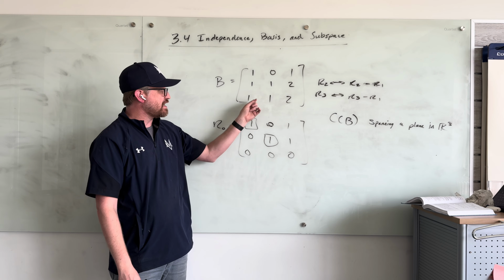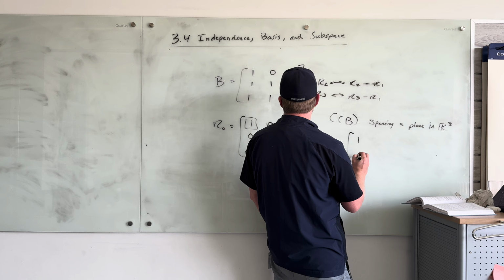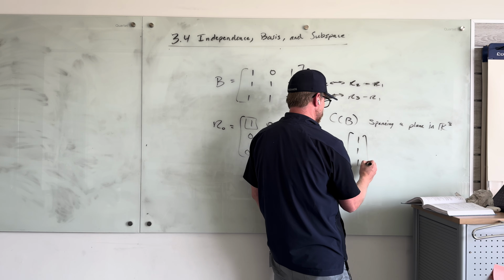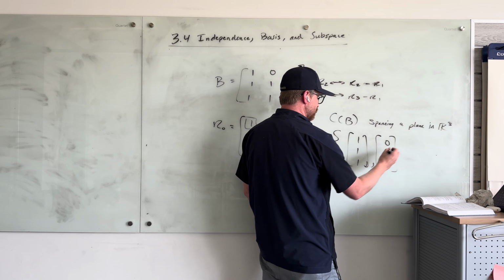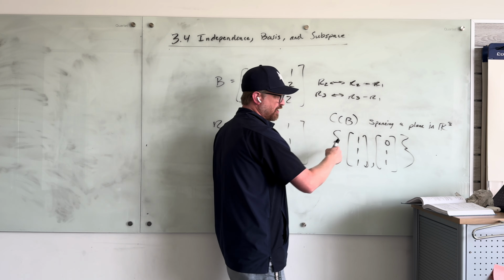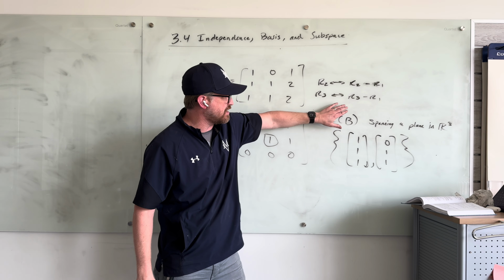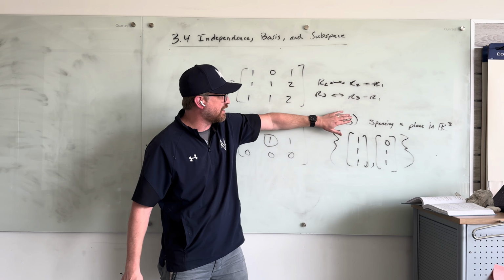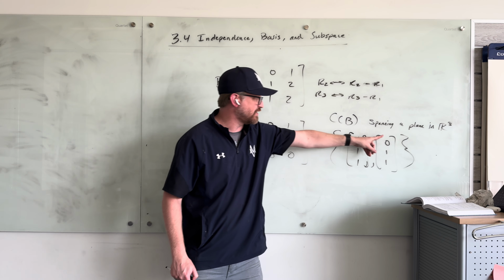But if I was to take that set of those two vectors, 1, 1, 1, comma, 0, 1, 1, we now have formed a basis for this column space. So whatever subspace we're creating here in R3, by taking the span of these linearly independent columns, we now have a basis.